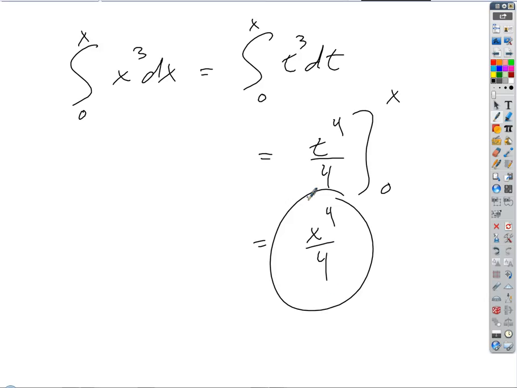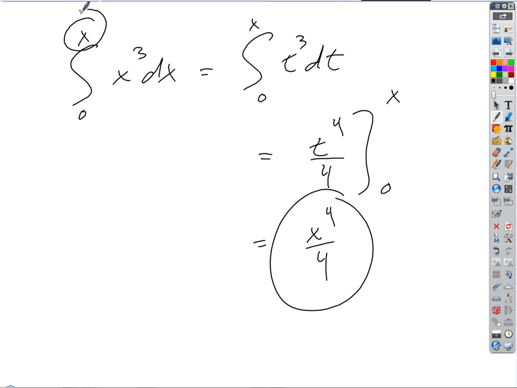This is what we call an area function because the upper limit, it could be the lower limit or both, is not a constant, it's actually a variable. So as x changes here, think what this is doing. This curve is sweeping out area under it. The shape of the curve is going to be x cubed, but what x really represents is how far we've swept out area, where we stopped.